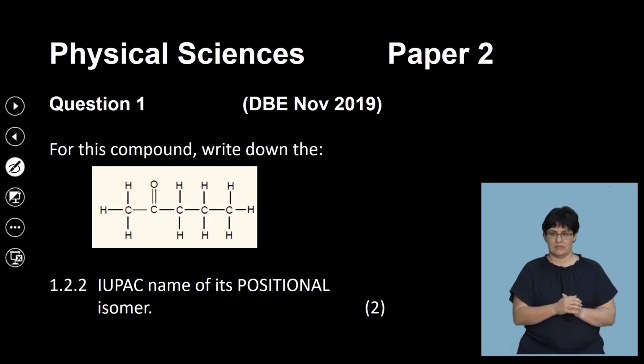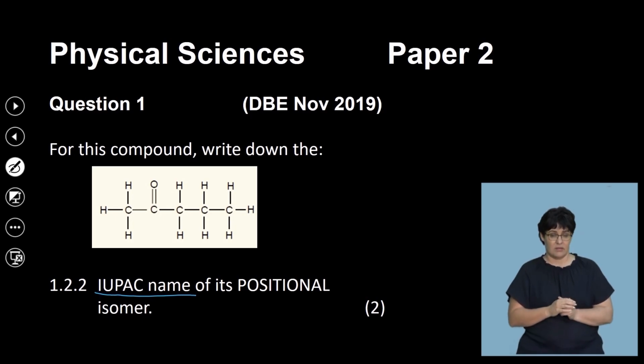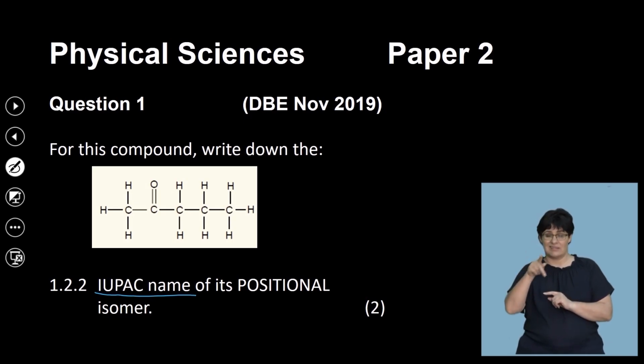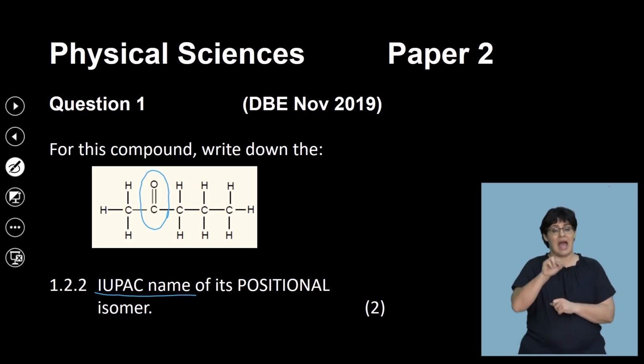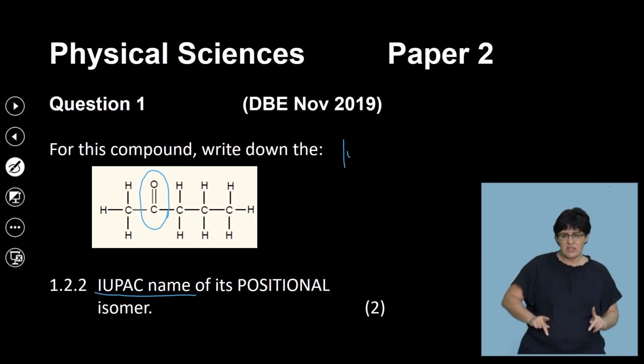Right, and then for this compound, write down the IUPAC name of its positional isomer. Now, first of all, let's identify the functional group so that we are able to identify also the homologous series to which it belongs, okay? Based on this functional group, which is the group of atoms that will give this substance its characteristic physical as well as chemical properties, we can immediately say, okay, this is a ketone.